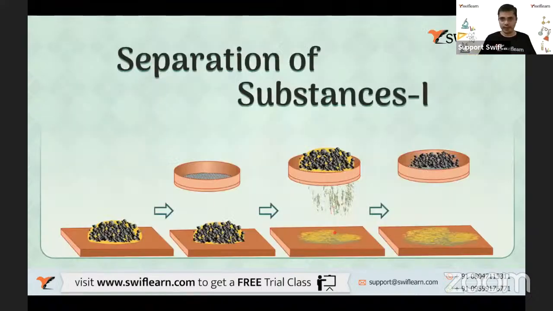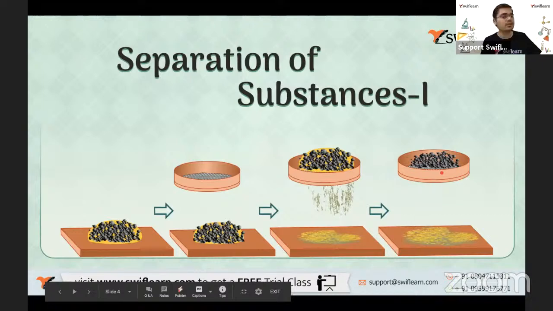Whatever is left on this is the big grains, and whatever the small grains are there, that is being filtered. So filtration is done with this device, it's called a filter. Earlier it was a mixture, and now we have separated the coarse grains from the fine grains. That is how separation is done with the help of the device filter.